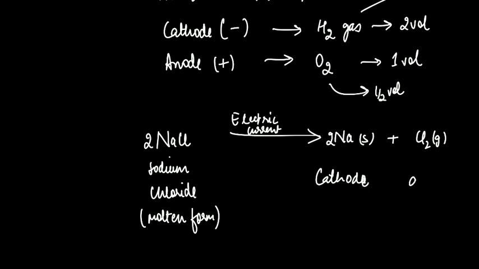Chlorine forms anion, so this will be deposited at anode. So this should be very much clear in mind, what goes to cathode, what goes to anode. We are not going into very high levels of electrochemistry, we are just discussing the very basic electrolysis part. We know cations move towards cathode, anions move towards anode.